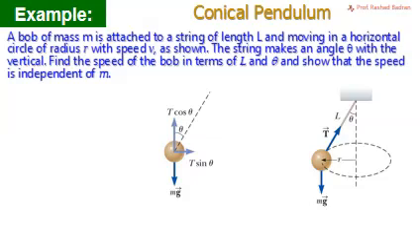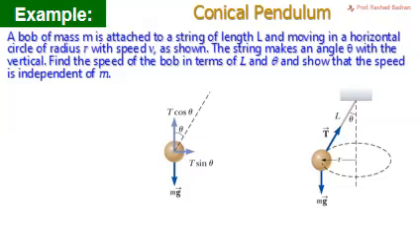So the question is, you should find an expression for the speed of the bob in terms of the length L and the angle theta, and you need to show that this answer is independent of the mass of the bob, m.